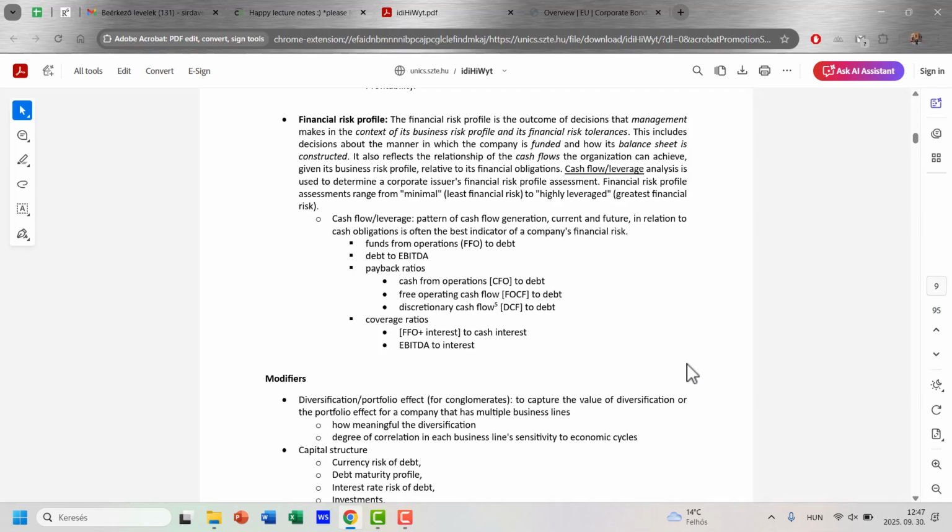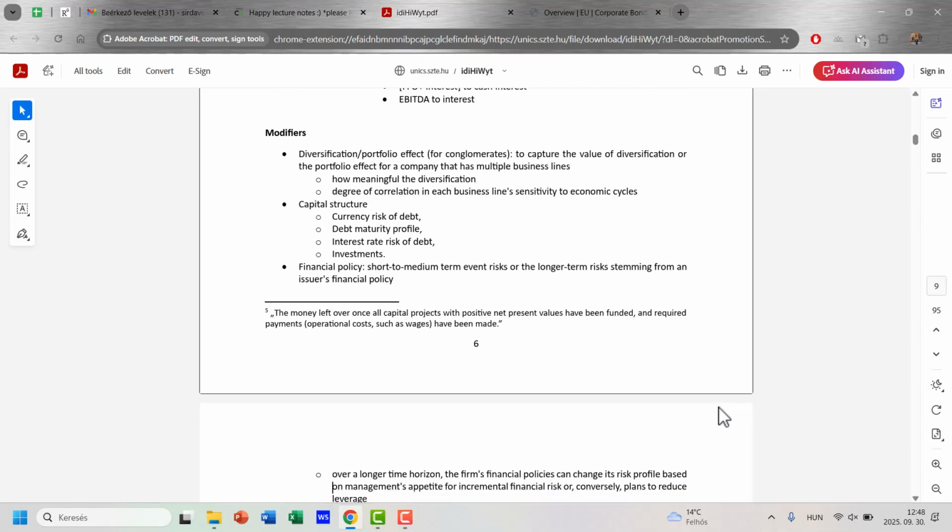This is what will be analyzed during the semester, because the book was obviously written by an American author, so they don't realize that this can be a problem, but around the Eurozone this can be relevant. Even if we are a European company funding ourselves through US dollars, it can also be an issue. That's why we have to dig into this topic as well. And after that, obviously, we have the modifiers.